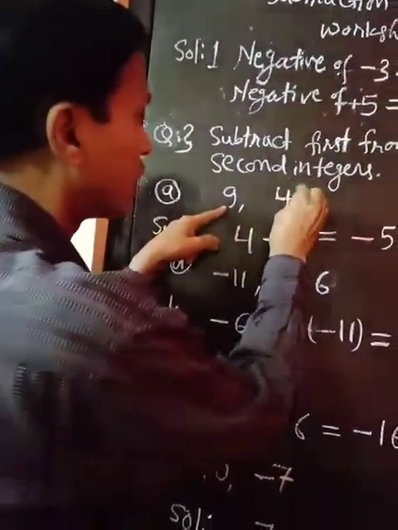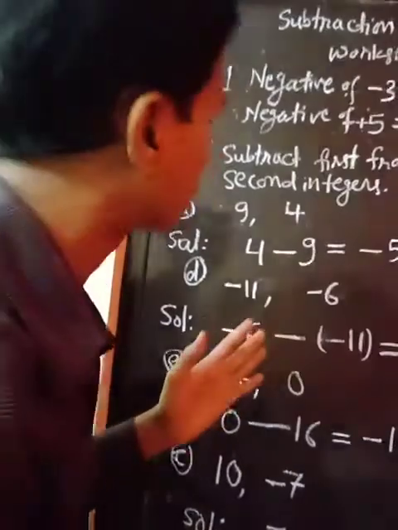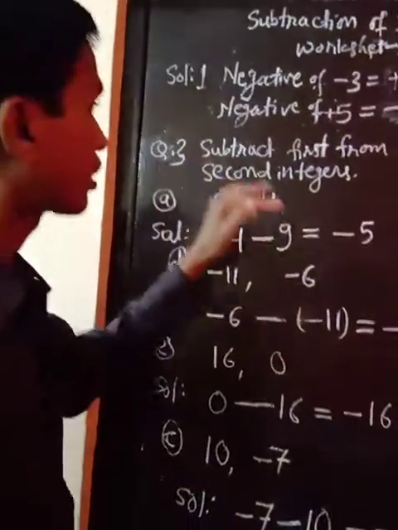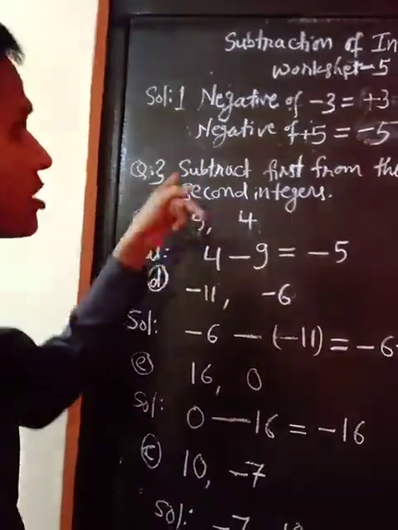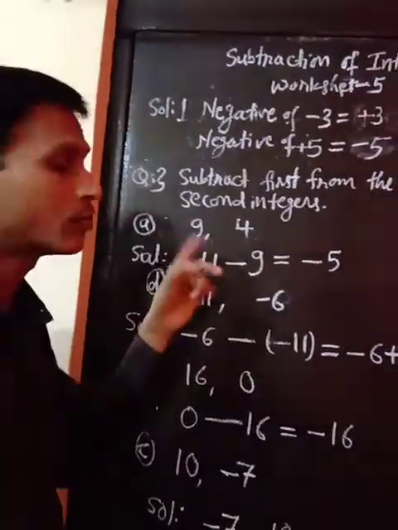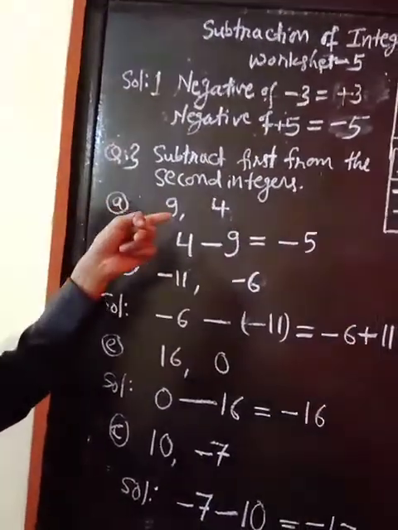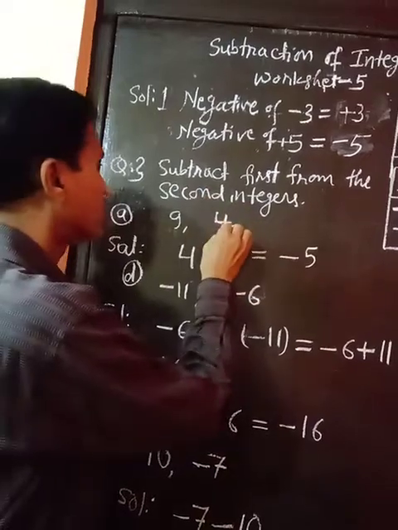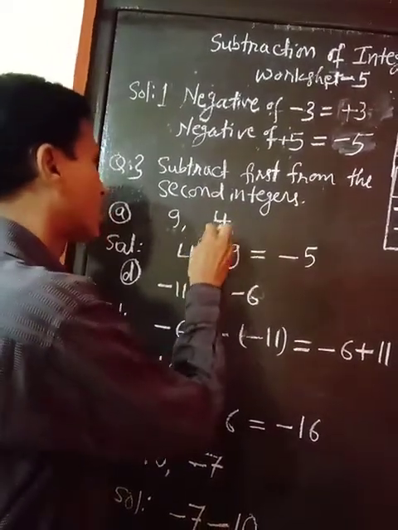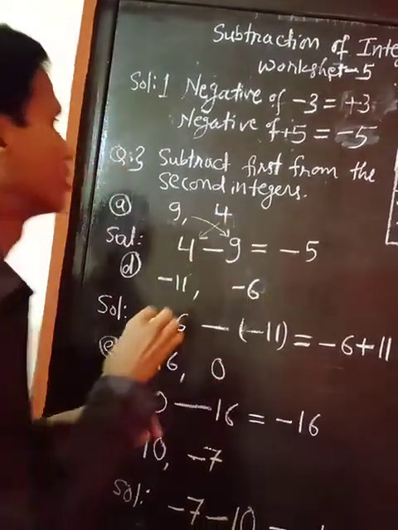What is the meaning of this? In Hindi, how will we say it? घटाओ दूसरे में से पहले को. Generally there is always confusion in such type of question. As per English, this will be written first and this will come later on.